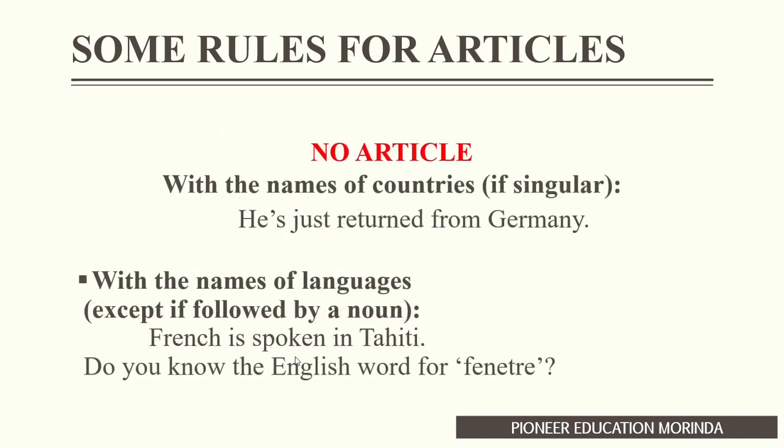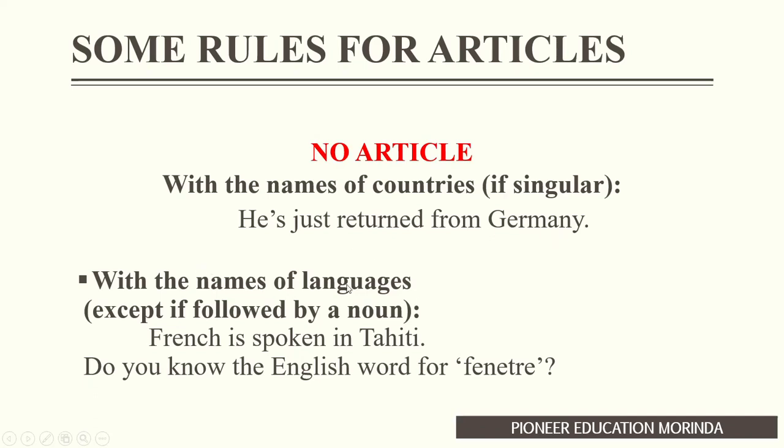So here are some rules for when we use no article, not a, not an, not the. With the names of countries, if singular, we never use any article. He's just returned from Germany.